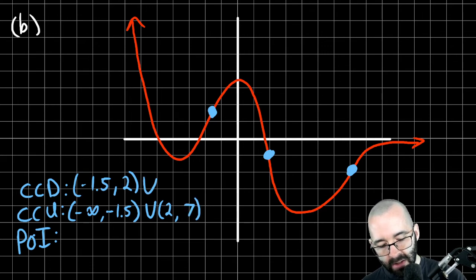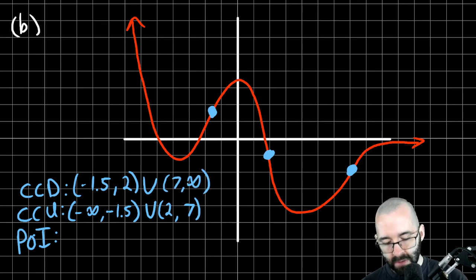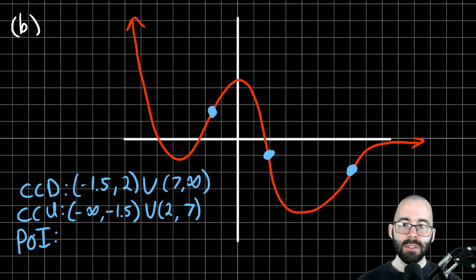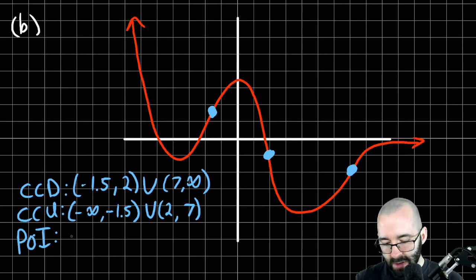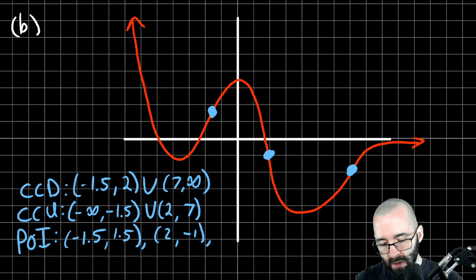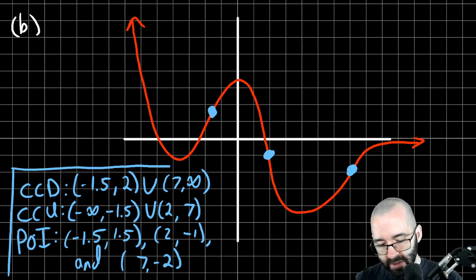And then after x equals 7, it becomes concave down again. The points of inflection are the points where it changes, those blue points on the graph. They're going to be about, again, we're visually estimating, negative 1.5 comma 1.5, 2 comma negative 1, and 7 comma negative 2. And these are our answers.